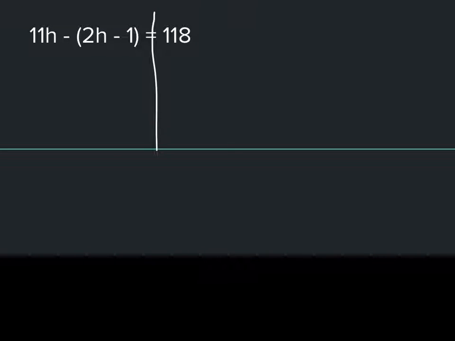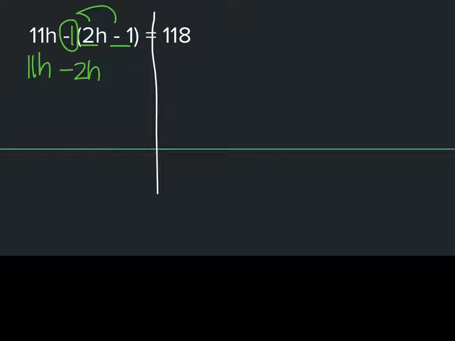Alright, so here we go for this one. So here's my line. And remember, we can put a really 1 right here because that's really what we're distributing, is -1. So we have 11h. -1 times 2h is -2h. -1 times -1 is +1.